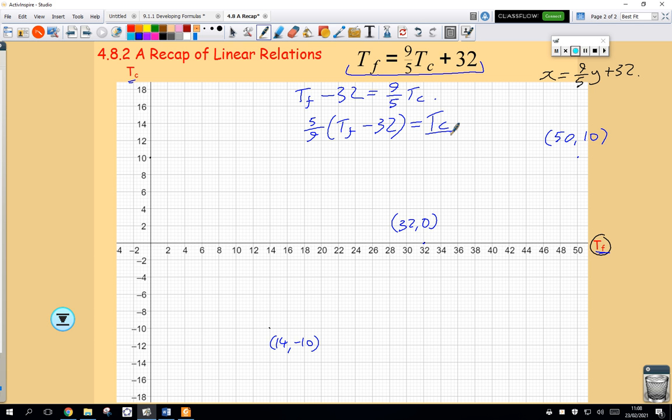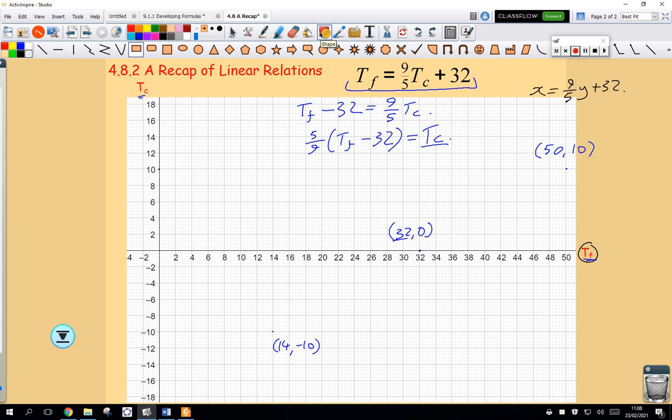If I go back to my 32 here and plug 32 in, 32 subtract 32 is 0, times 5/9, gives 0. Again, I can draw a straight line graph through these points, and you'll see it does not contain the origin because it is not a direct proportion.